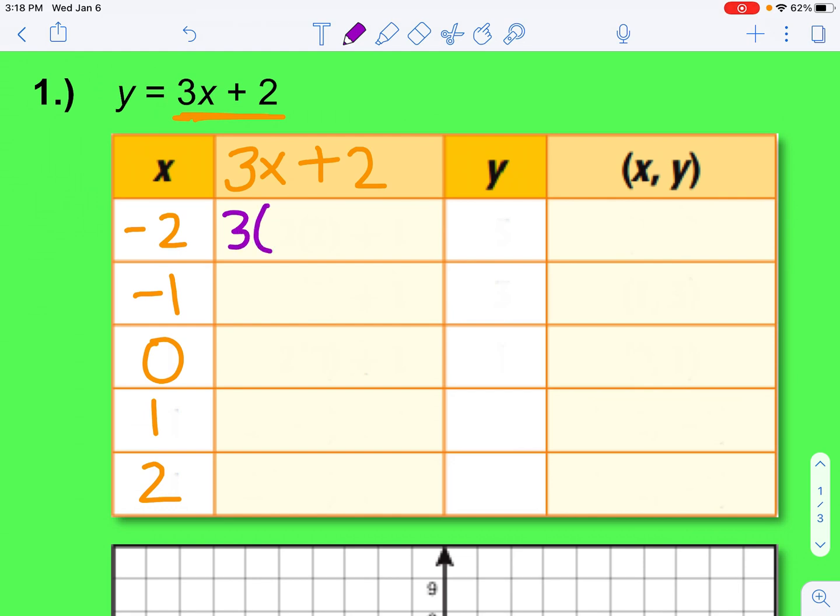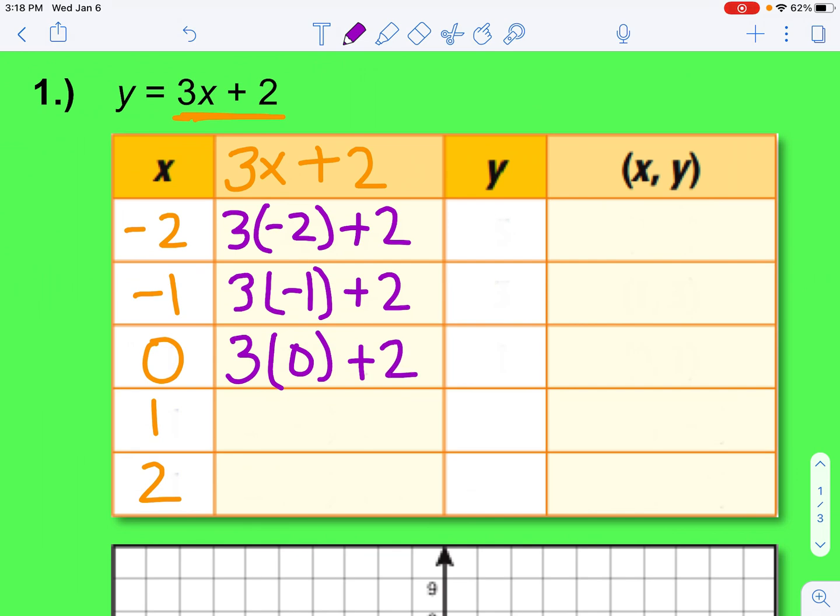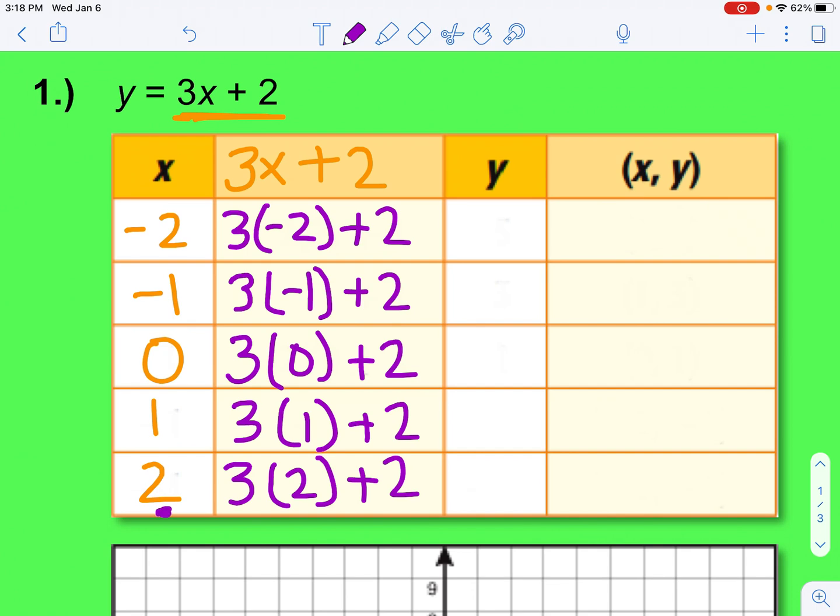We're taking 3 times negative 2 plus 2, and then 3 times negative 1 plus 2, 3 times 0 plus 2, 3 times 1 plus 2, and 3 times 2 plus 2. That part is pretty simple. You're just plugging in your x value for our x.